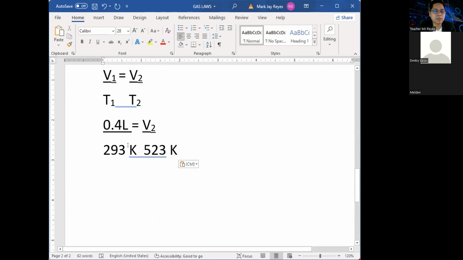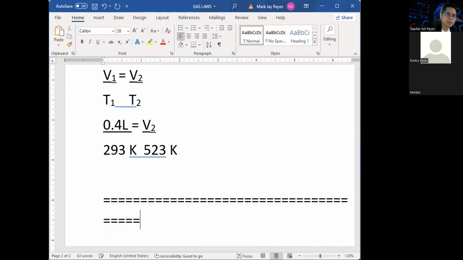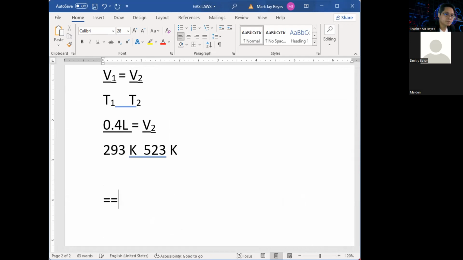Okay, we already converted degrees Celsius into Kelvin, so we can now substitute. So what should be done next? Okay, we are now down to the calculations.